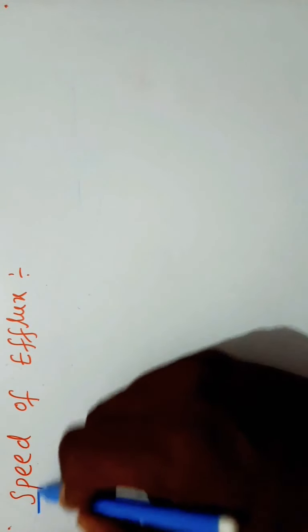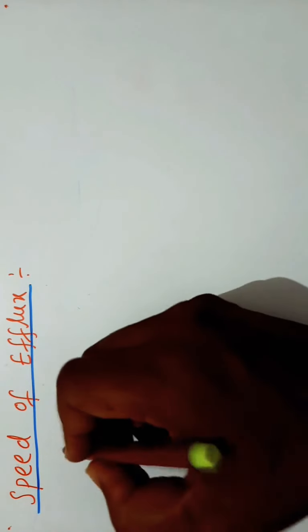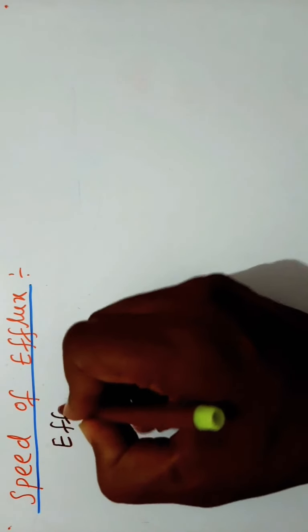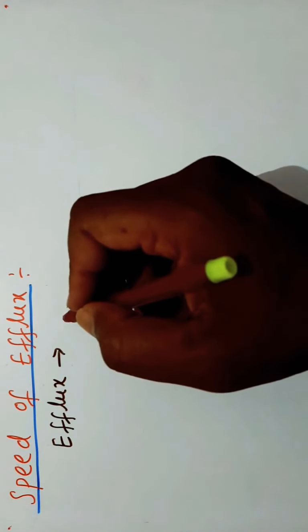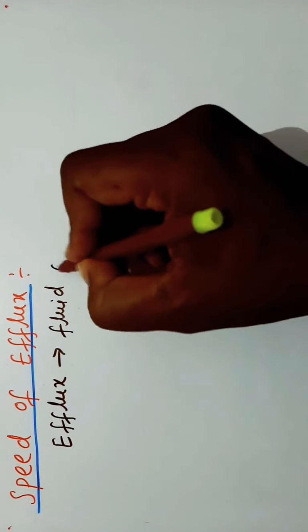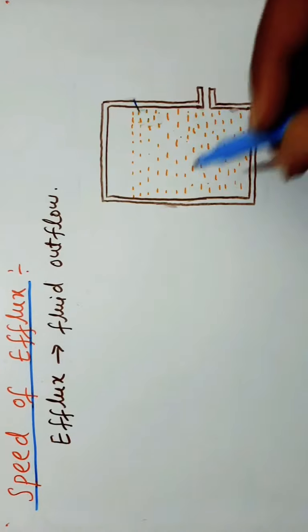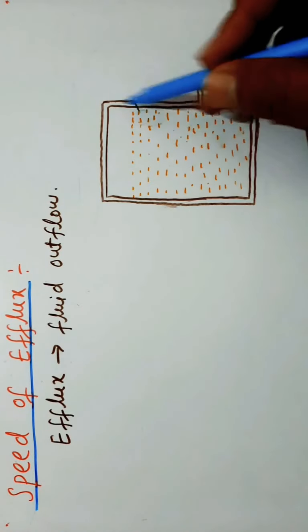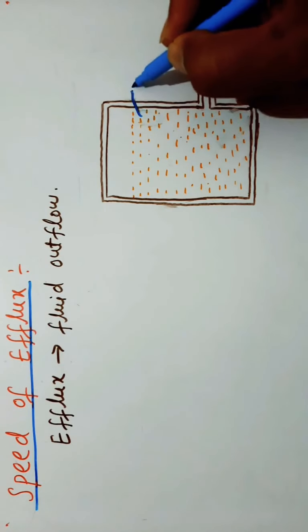Good morning, dear students. Today's topic is speed of efflux. Here the word efflux means fluid outflow. Consider a tank containing a liquid of density rho.